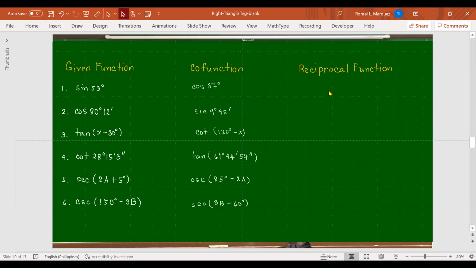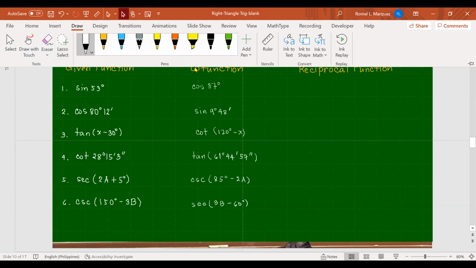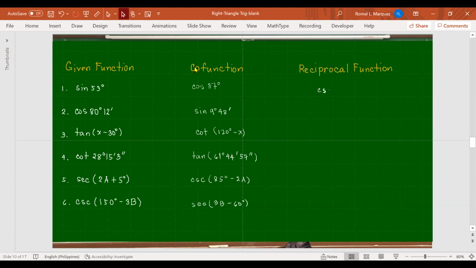Let's have the other. Ito madali, kinokopya lang yung angle ng given, no? So sine, magiging ang reciprocal? 1 over cosine, of 53 degrees. This is what? Secant of 80 degrees, 12 minutes. What about tangent? Anong reciprocal? Cotangent, and then copy the angle.